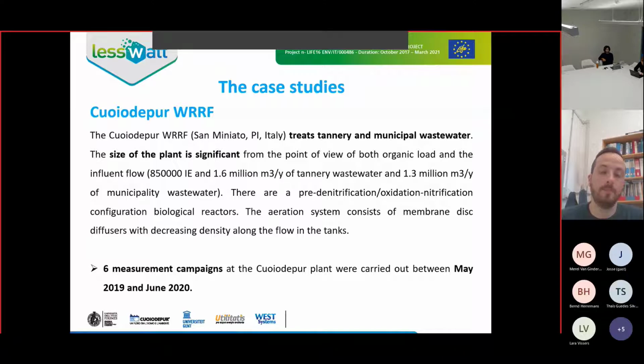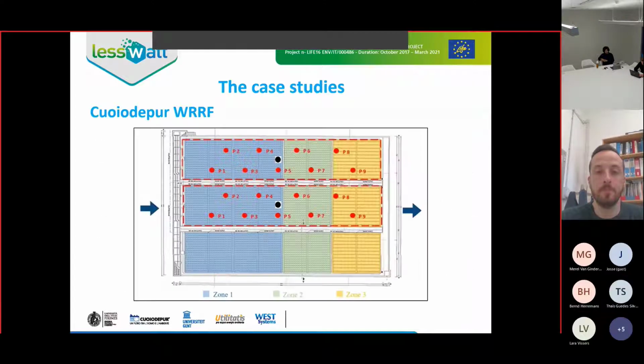There are pre-denitrification, oxidation, nitrification biological reactors. The aeration system consists of membrane disk diffusers with a decreasing density along the flow in the tanks. The 6 measurement campaigns in the Cuoio Depur plant were carried out between May 2019 and June 2020.